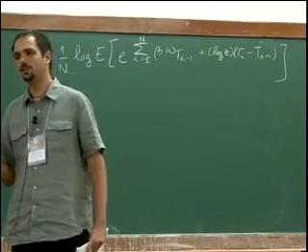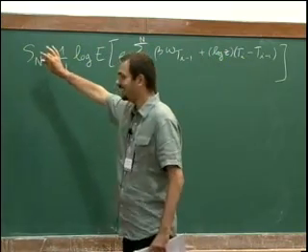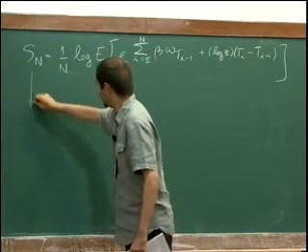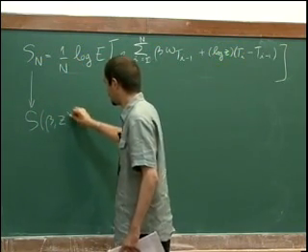Because it's actually quite easy to see, by a subadditivity argument, that Sn has a limit as n goes to infinity. So Sn will converge to some limit S of beta and z.